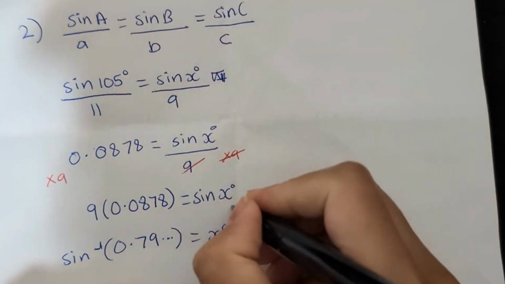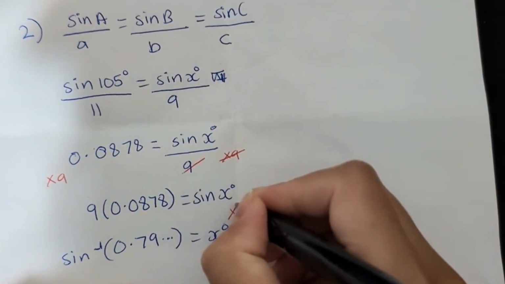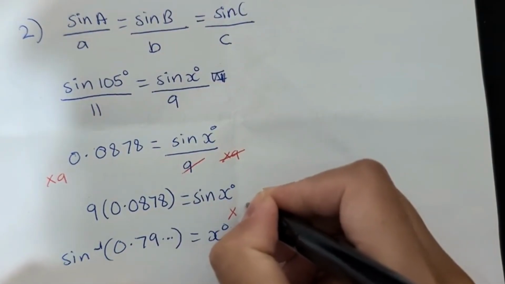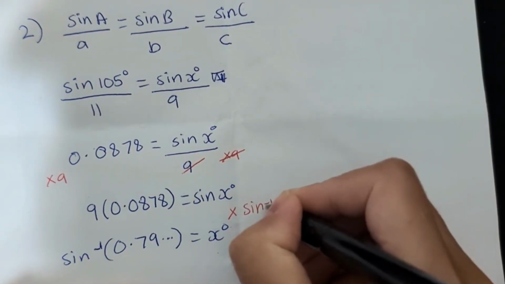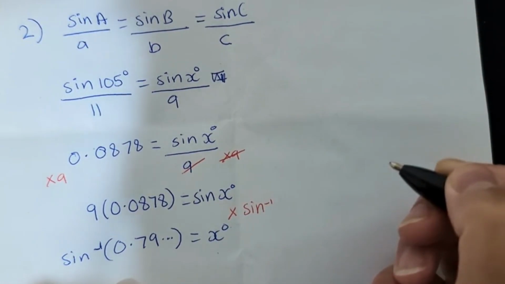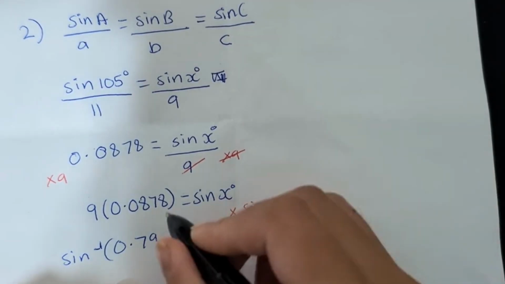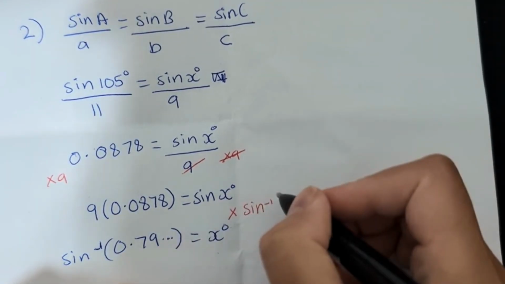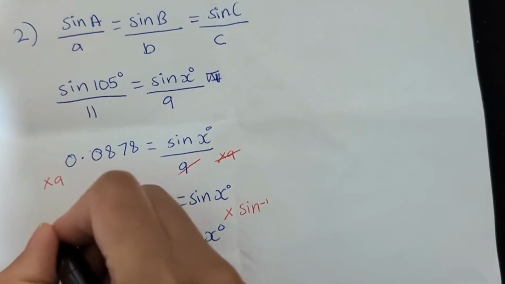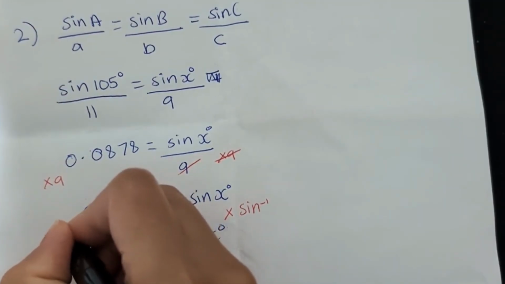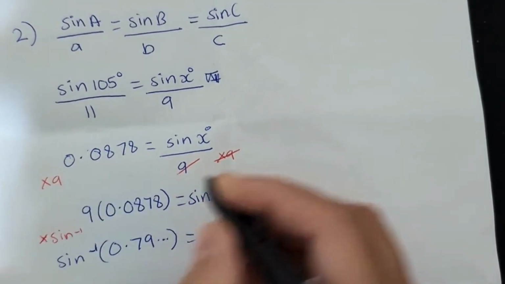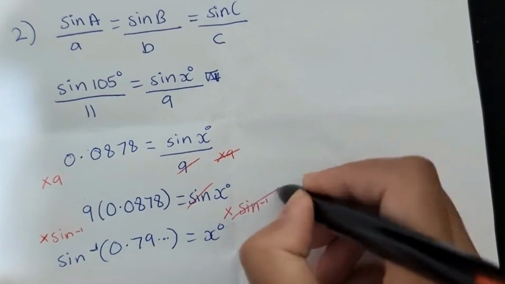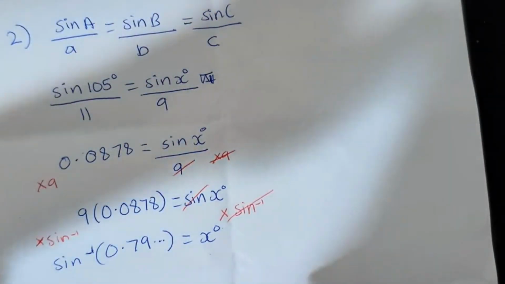So the maths behind it is that I've multiplied both sides by inverse of sine, so that way this is cancelled out, and now I'm just left with that on this side.